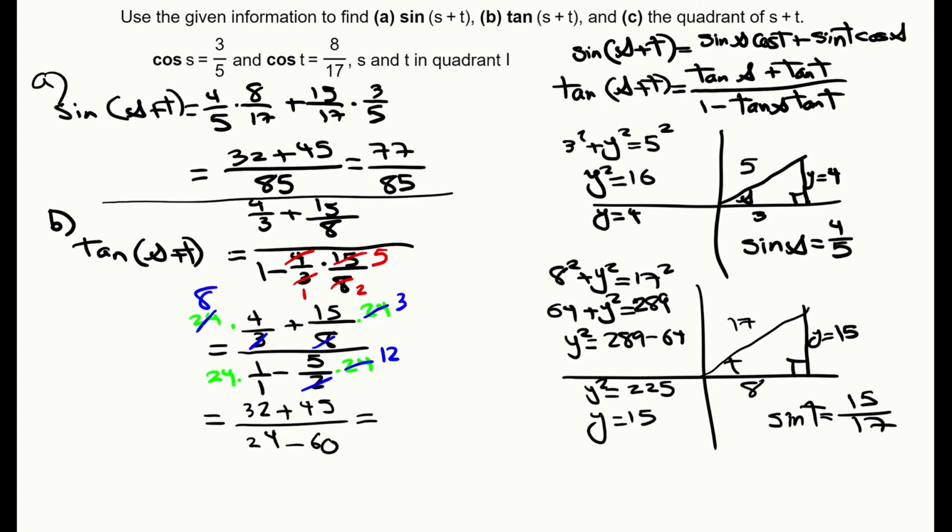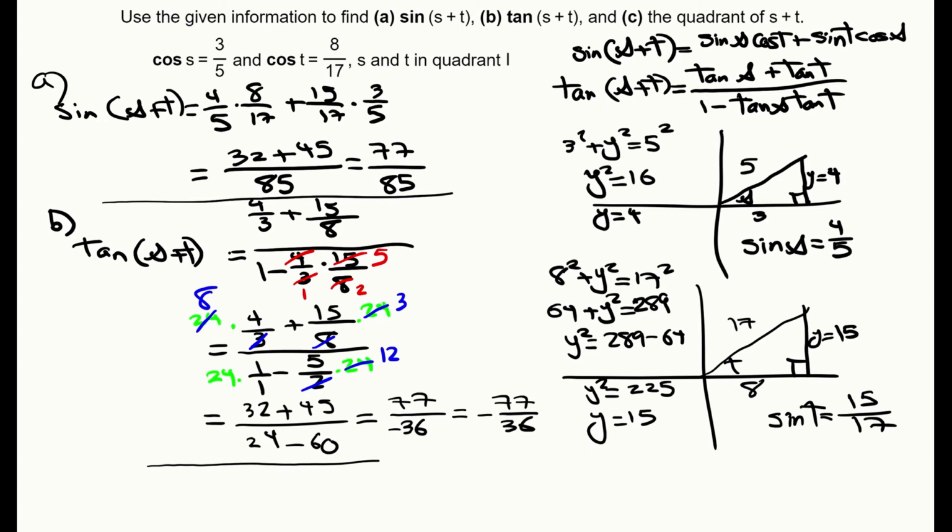So we end up with 77 over 24 minus 60, which is negative 36. So we can just write that as negative 77 over 36 for the nicest form. All right, so we did just complete part B.